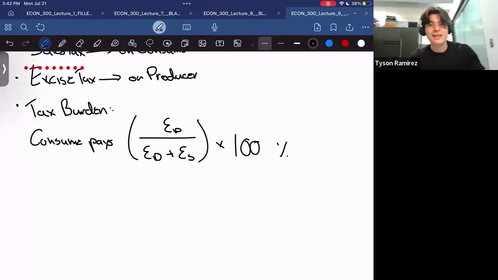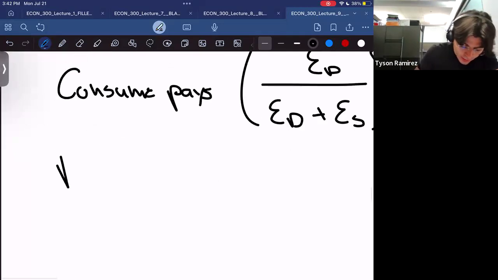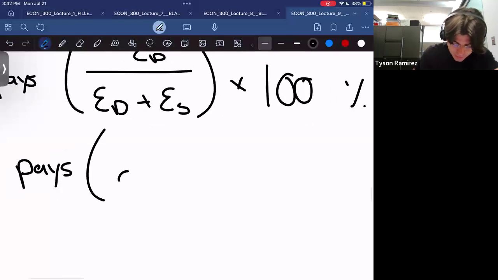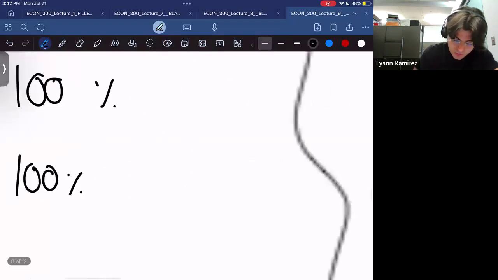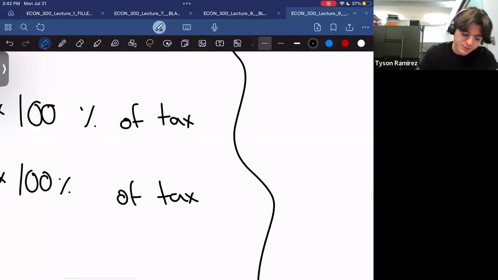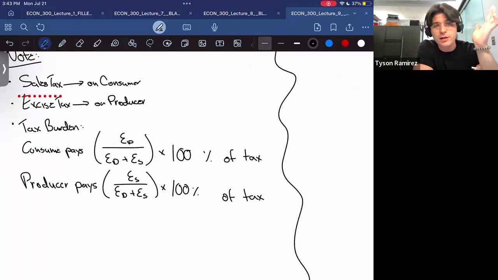The consumer pays their fraction of the sum of the elasticities, and the producer pays the rest. This is how much percent of the tax each of the parties pays. I don't have any examples here today, and I won't include any on the midterm, but we should just know this going forward.